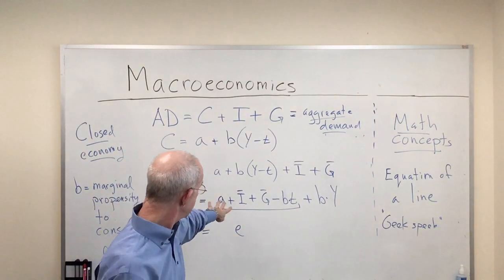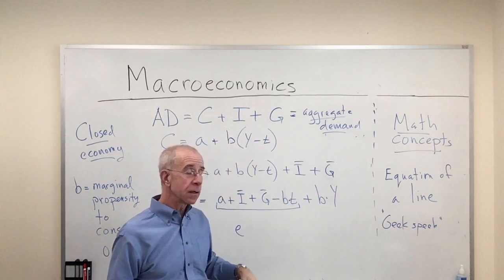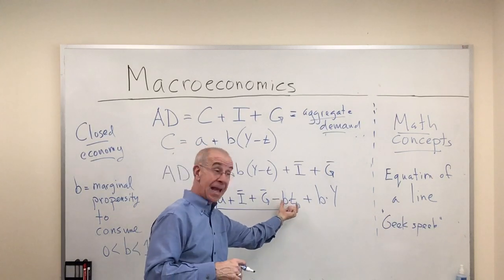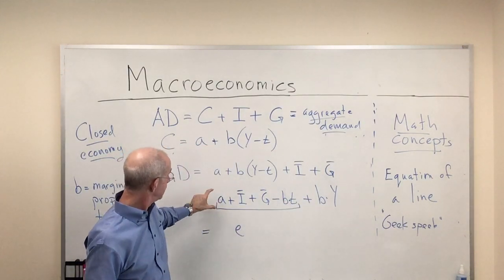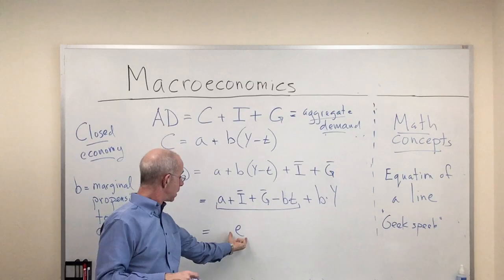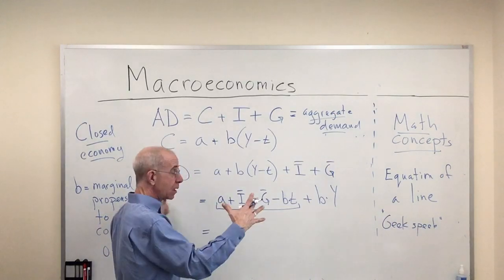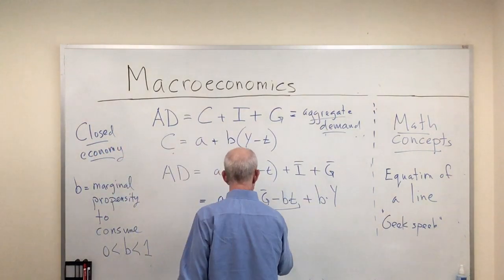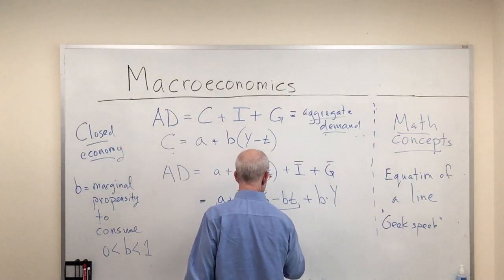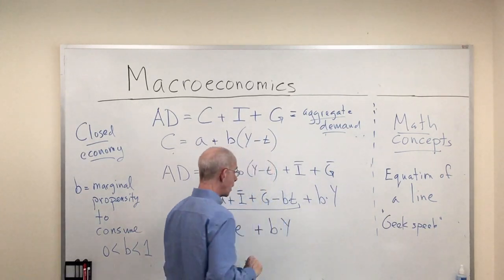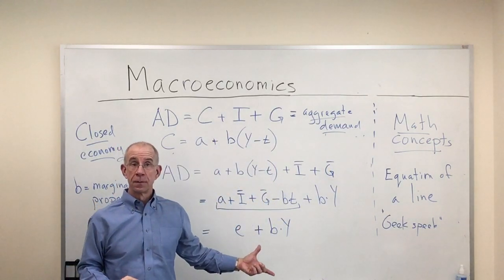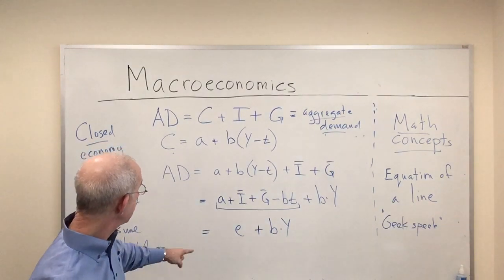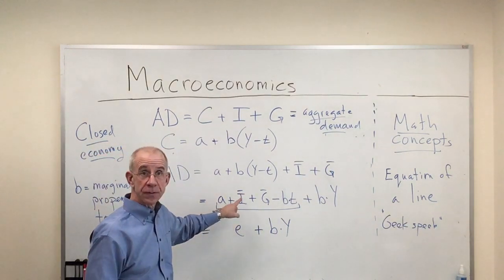We've got these various things in here, and the level of investment and government spending and taxes will affect this variable E, but I'm just going to shove them all into E plus B times Y. Now that's a lot easier to write, but I want you to keep in mind that E represents all these things.